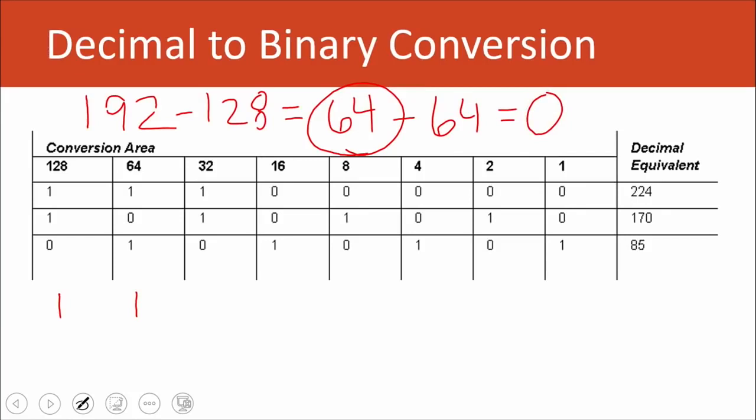You might be bummed out that you have 0 left, but it's okay because it actually makes the rest of our job very easy. Can I subtract 32 from 0? Well, no, there's nothing remaining, so I put 0. The answer is no, and that's what 0 represents: no, or false. Same thing with 16, I've got a 0 there. There's nothing remaining, so I can't subtract 8, or 4, or 2, or 1.